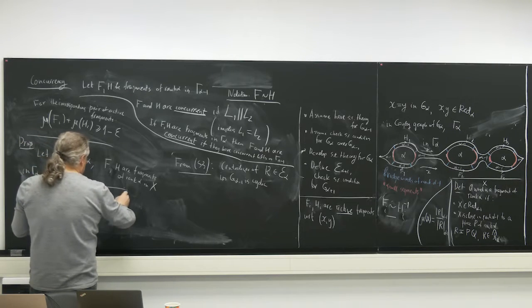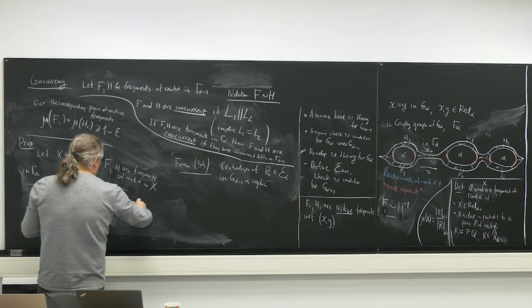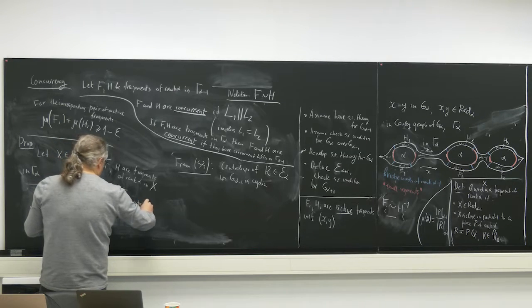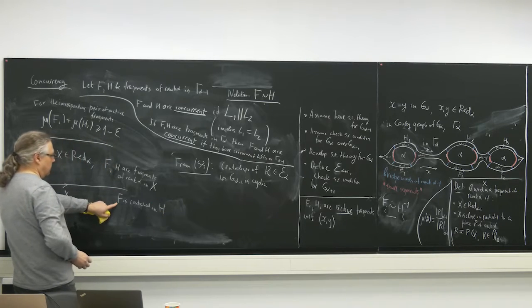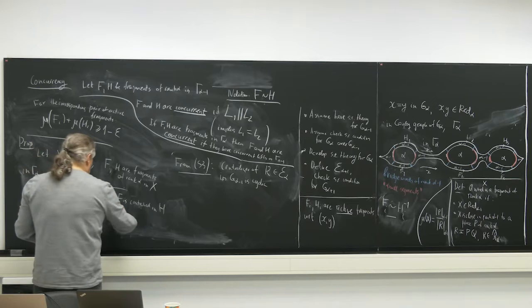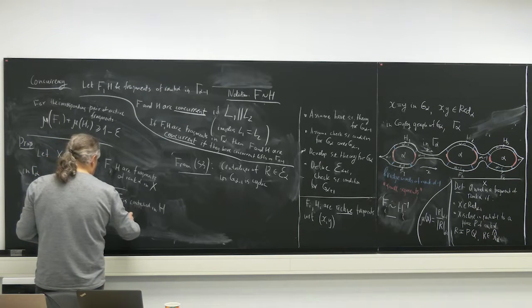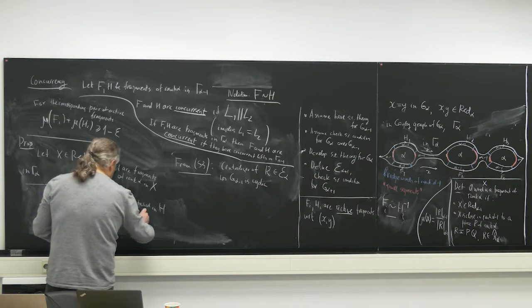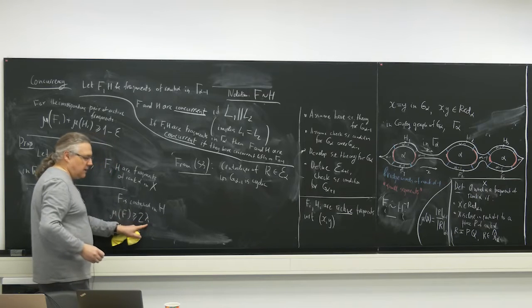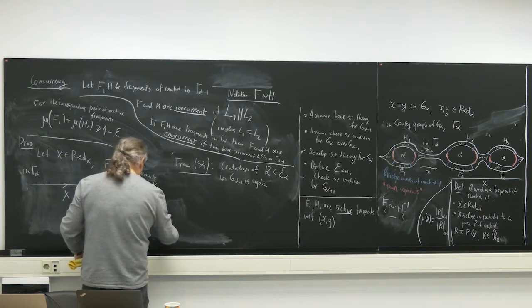Suppose F is contained in H, and F is sufficiently large: mu of F is something like 2 lambda, where lambda is the small cancellation parameter, plus some epsilon.